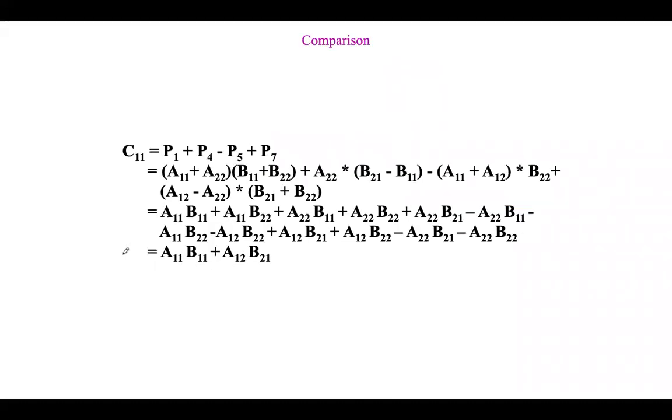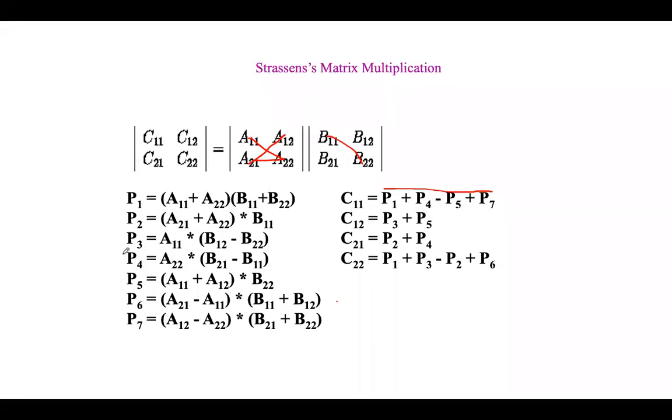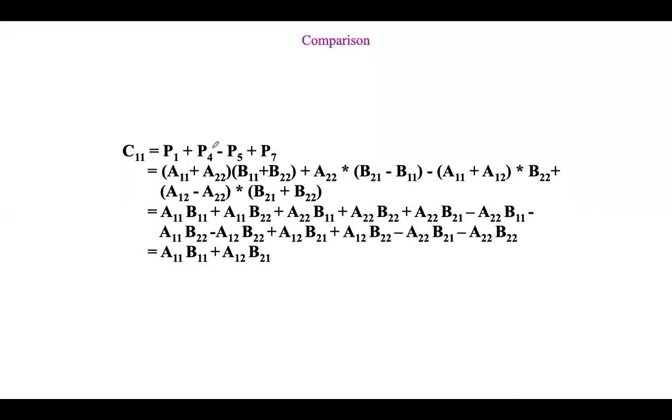Here we shall see how much it will take, and you can verify that also. C11 is equal to, in this case, P1 plus P4 minus P5 plus P7. This is what we got for the first row, first element value. You take that, substitute the values, and solve it.